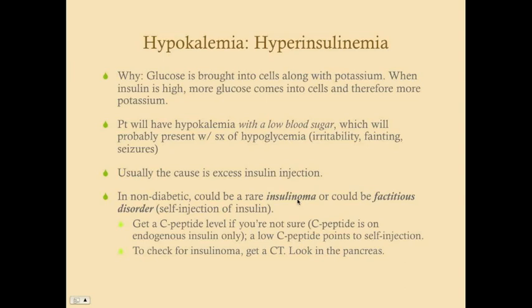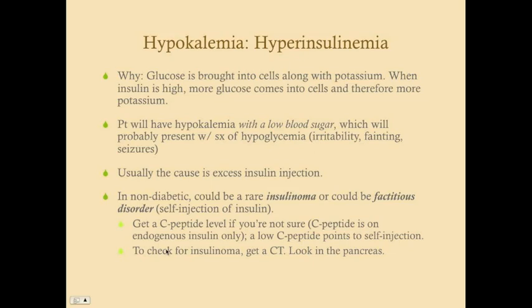If you're injecting yourself with insulin, then your C-peptide level would be low compared to your insulin level. You'd have a high insulin level and a low C-peptide level compared to your insulin level. That points to the fact that you're getting your insulin from somewhere outside of your body.